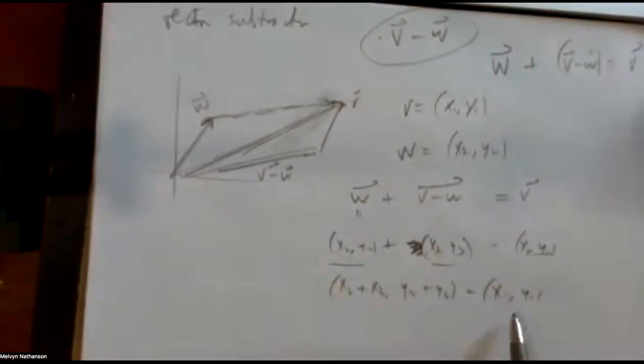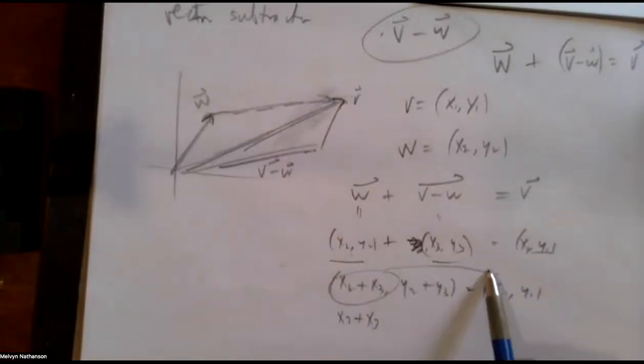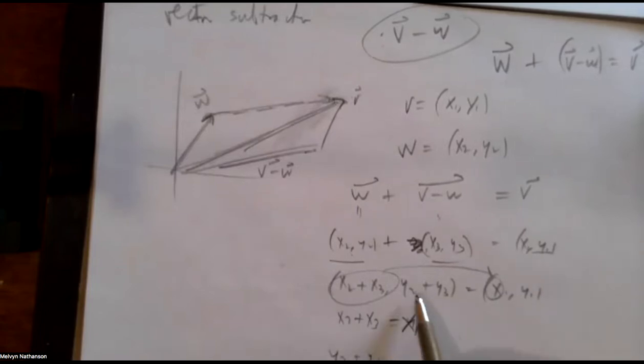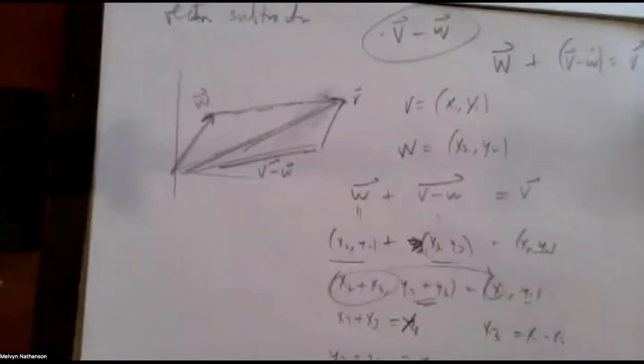But vectors are equal if they have the same coordinates. So x2 plus x3 has to equal x1, and y2 plus y3 has to equal y1. And if you solve for x3 and y3, x3 is x1 minus x2, and y3 is y1 minus y2.